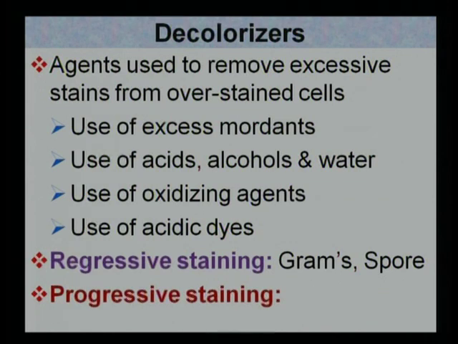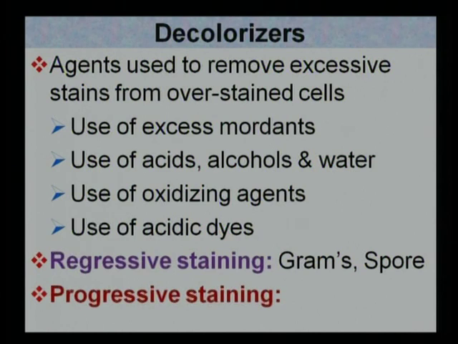So on the basis of whether we use a decolorizer or not, all these stains can be classified as progressive staining techniques or regressive staining techniques. Regressive staining means we are using a decolorizer. A decolorizer is only used when we have already used one stain, and that stain has overstained the structure or the cell, and therefore we want to remove the stain from a certain component, a certain part of the cell.